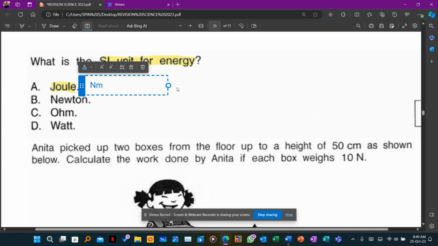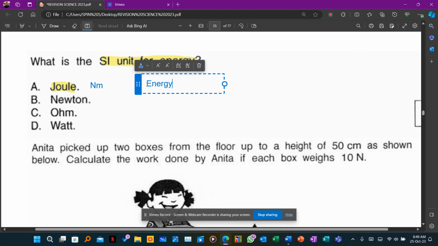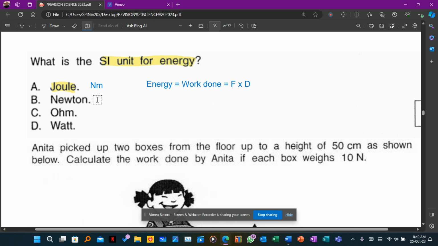Thus, energy is similar to work done, and work done is equal to force times distance, and force is Newton, distance is meter. Okay, so Newton is the unit for force, ohm is the unit for resistance, and watt is the unit for power, which is no longer in your syllabus.